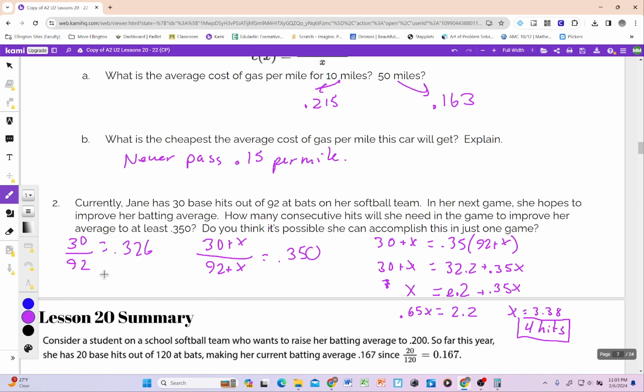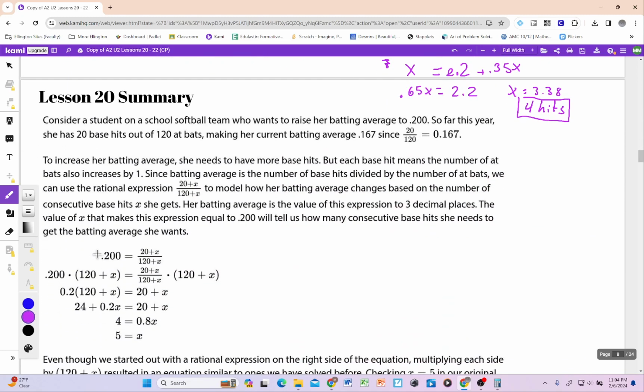So that's really about it for this particular lesson. Just solving some equations based on some simple average situations. The next few lessons are going to be solving different kinds of proportional equations based on this. Here's some more summary stuff if you want to read, to have the idea again on how to solve this equation.